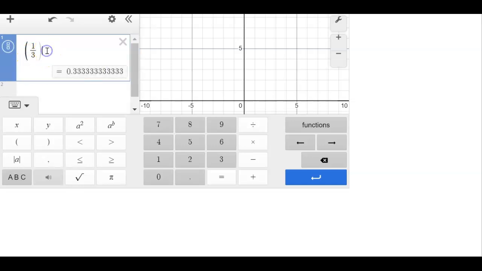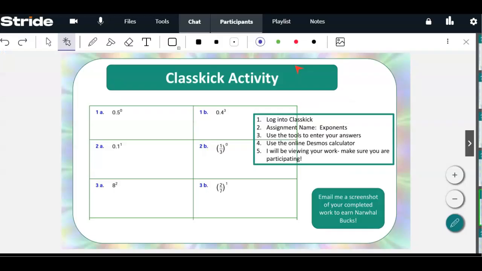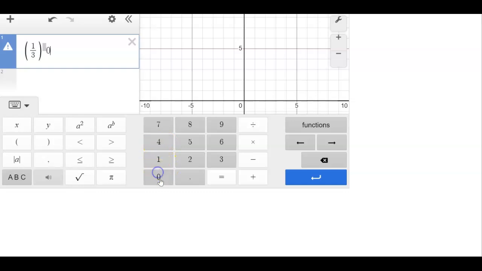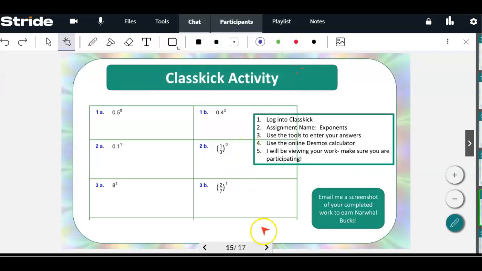We're going to raise that fraction. What is it raised to? The 0 power. So I'm going to put my 0. Oops, it went in the wrong place. So be careful there. You've got to put it in that box, and then there's our answer. So always look at your display. See how that jumped around for me? So it is 1. So that's how you enter the fraction.